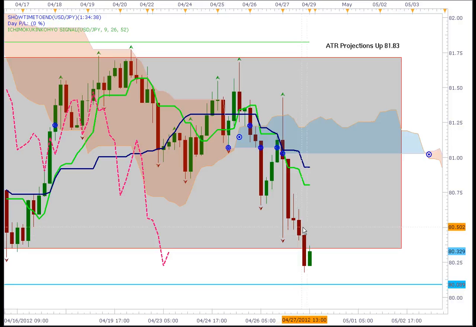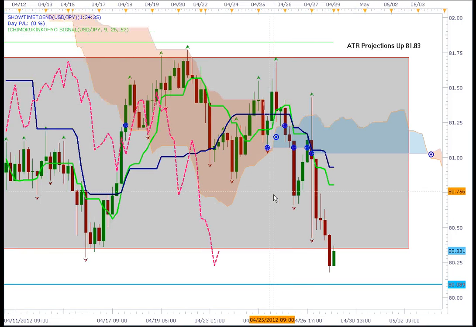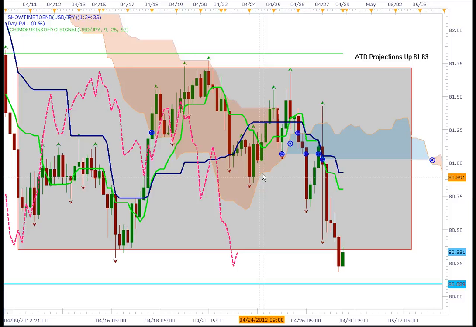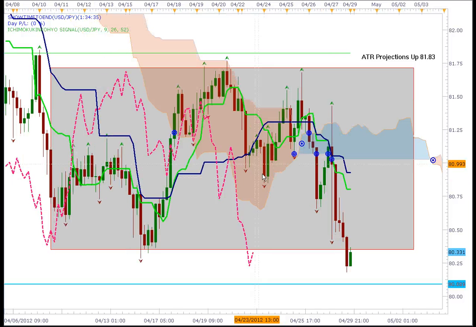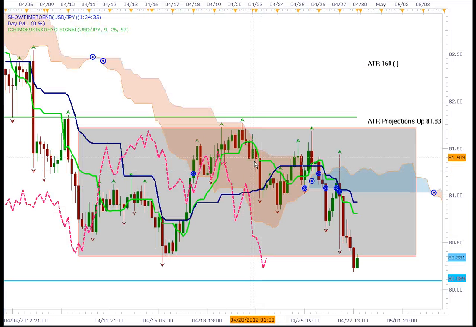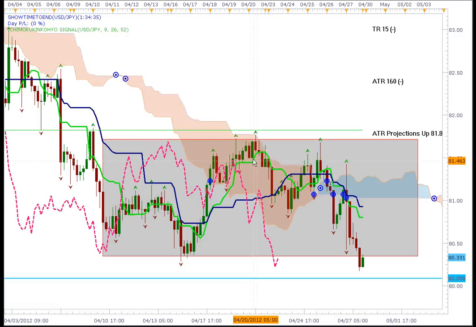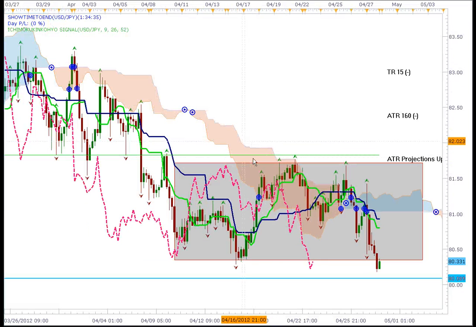And what we'll be looking for, we'll look to close below this level, and we'll look to take profit at the next level of support. And let's see where that level is.